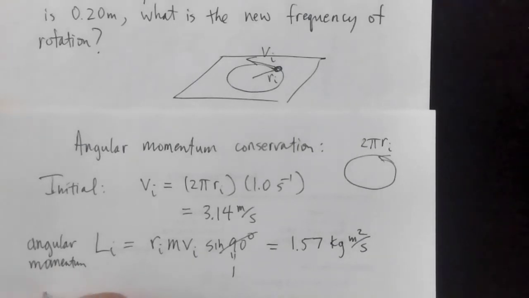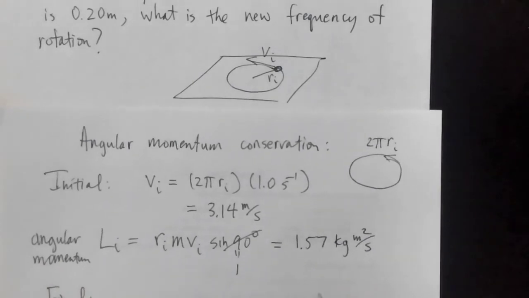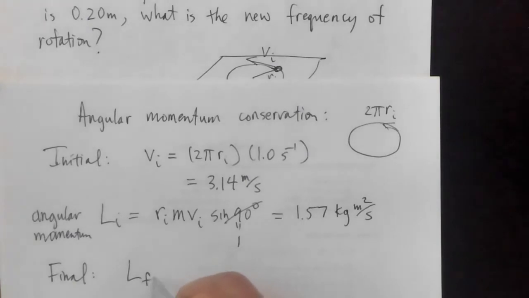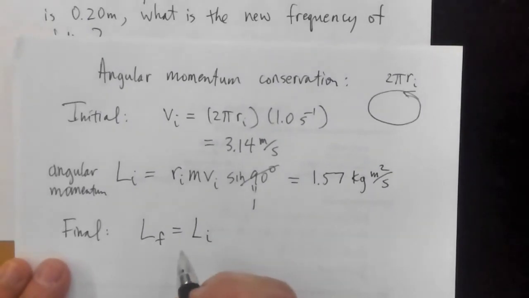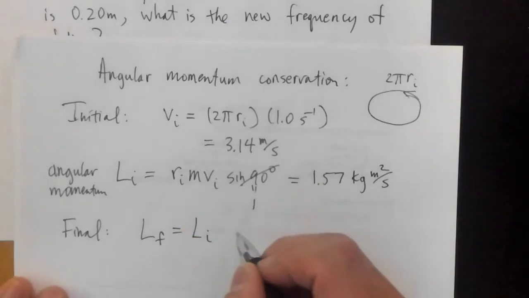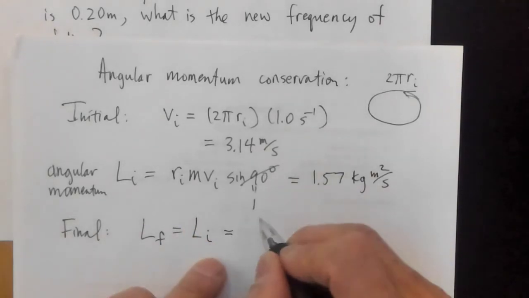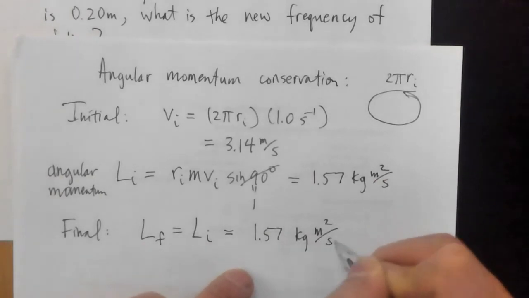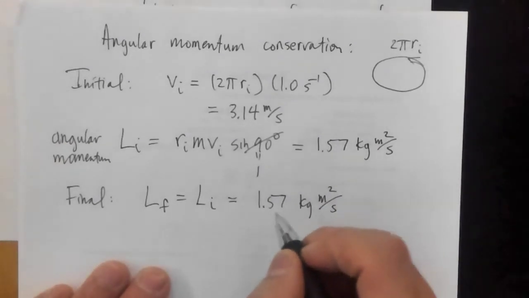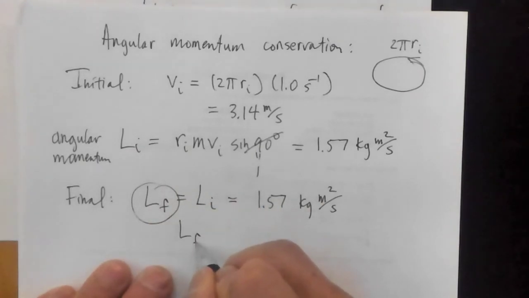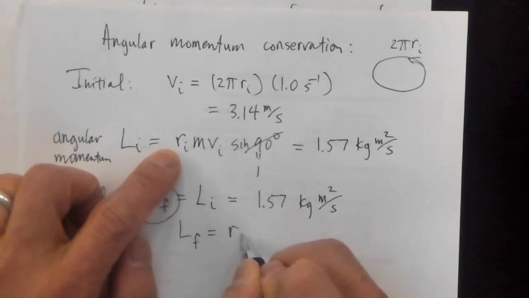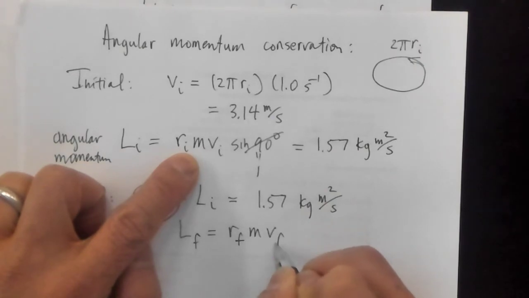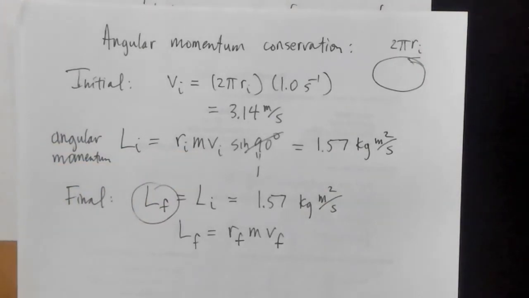So then for the final case, I will have that L final must equal L initial from angular momentum conservation. Okay. And so that's equal to 1.57 kilogram meters squared per second. But we also know that L_f must be equal to the final radius times the mass times the final velocity.